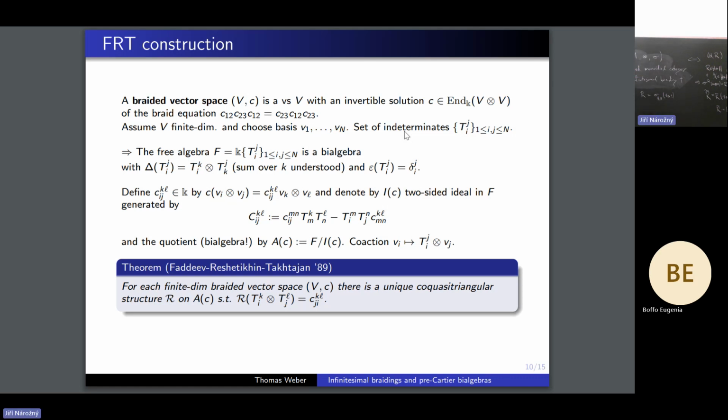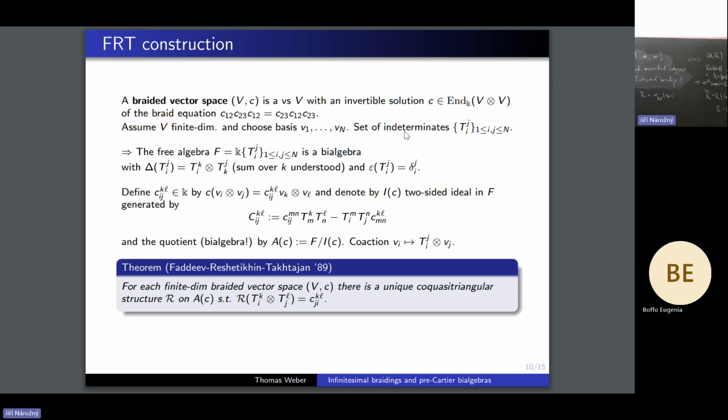Then I take the two-sided ideal IC in the free algebra, generated by those elements, where you can see we sum over M and N. And it turns out that the quotient that you have here is a bialgebra. So this works. And you can even have a coaction, but it's not very important here.